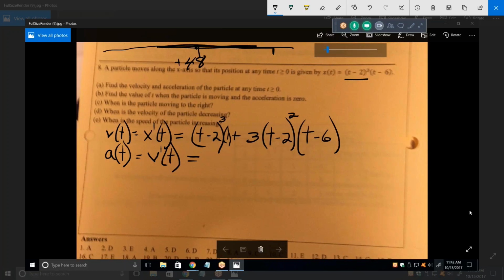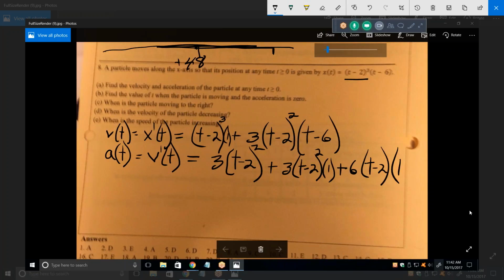So it would be 3(t minus 2) squared, plus 6t, I mean, no, 3(t minus 2) squared times 1 plus 6(t minus 2)(t minus 6). Good.